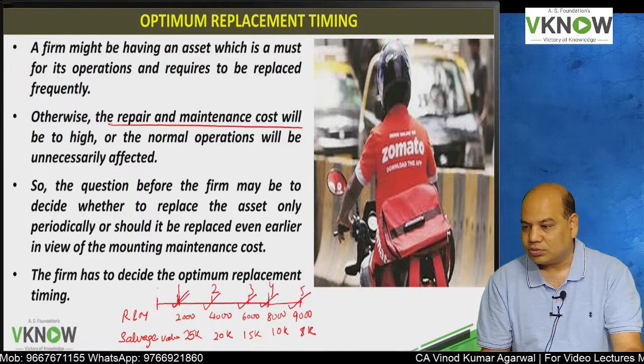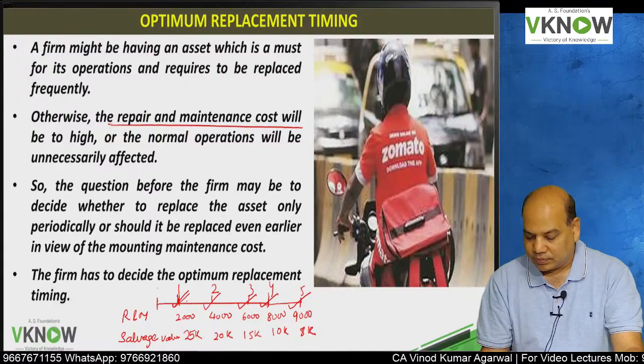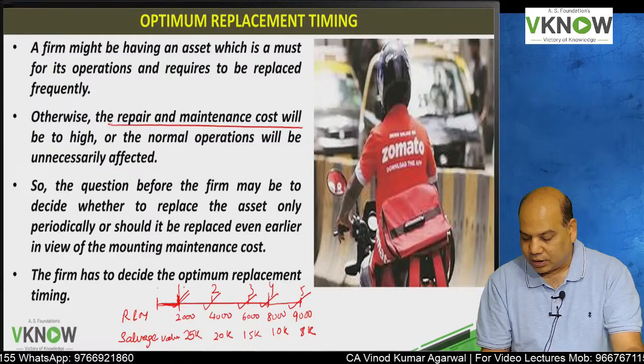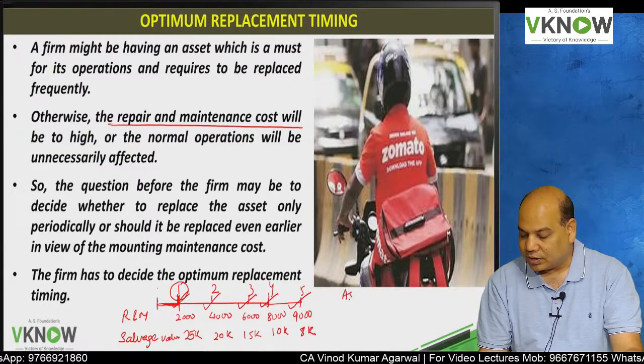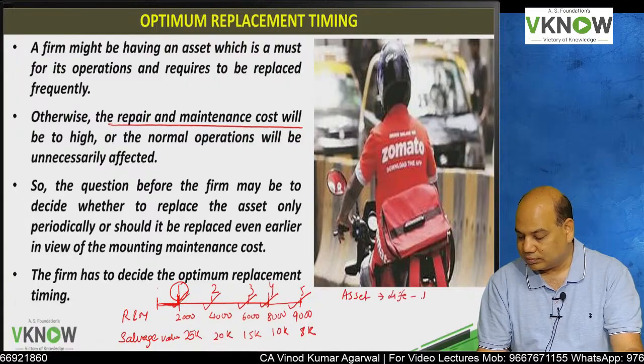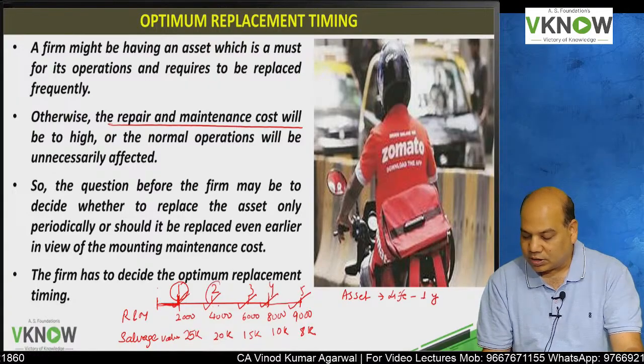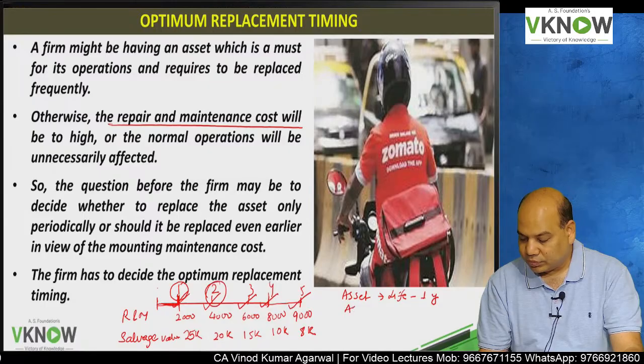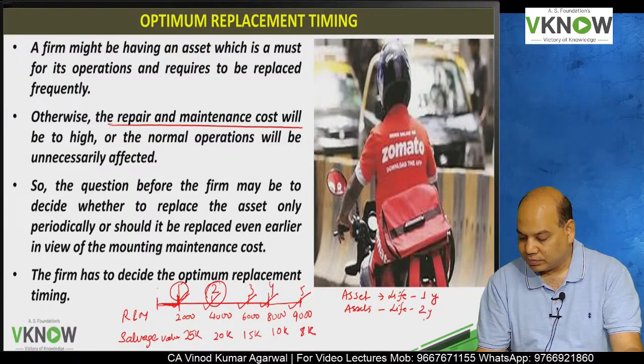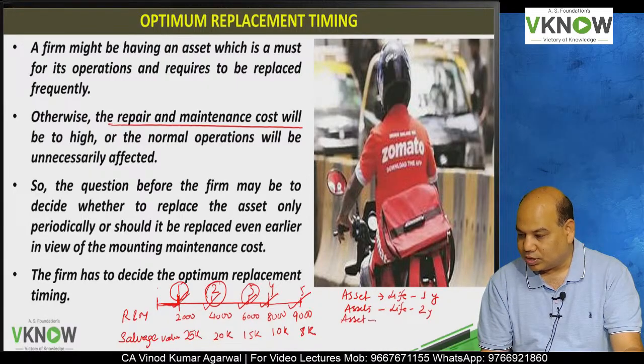So how to solve this question? The answer is, if I replace it after 1 year, it becomes an asset with life 1 year. If I replace every 2 years, it becomes an asset with life 2 years. If I replace every 3 years, it is equivalent to an asset with life 3 years.